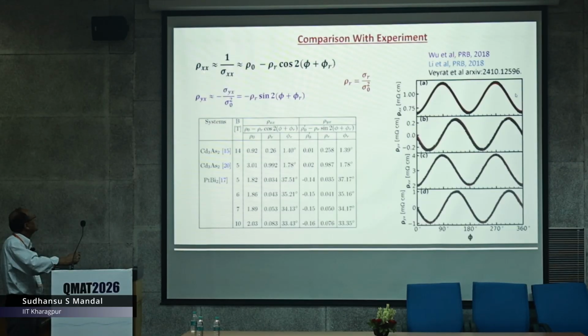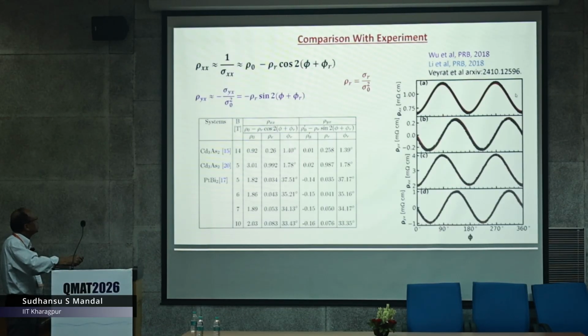According to that, you have the resistivity formulas similar, like rho 0 minus rho r and rho 0, and we had these three sets of data where both rho xx and rho yx have been given. So we analyzed those. You can see here the data if I fit with these formulas.